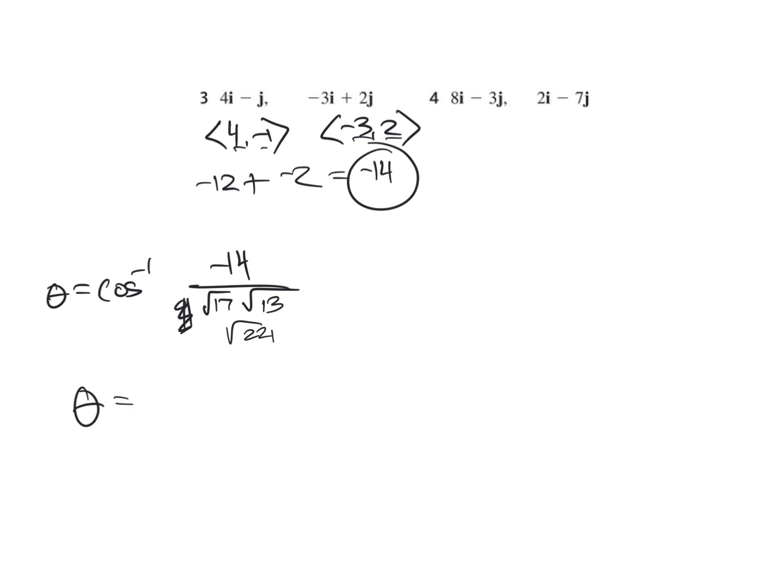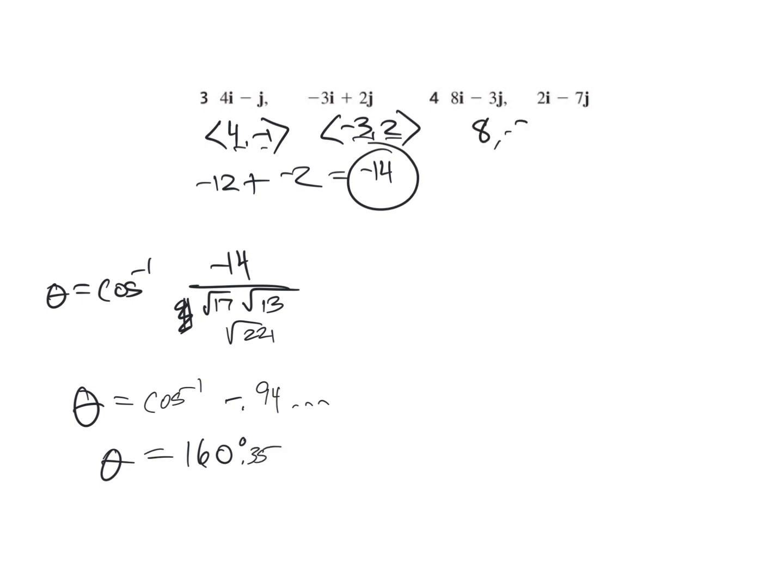So negative 14 divided by the square root of 221 gives us negative 0.94 and so on. Take the arc cosine of that answer and you get theta to be 160 degrees. If you do decimals, 0.35 degrees, all right?